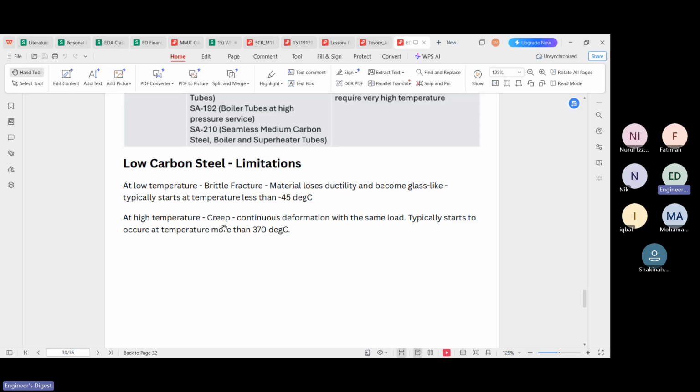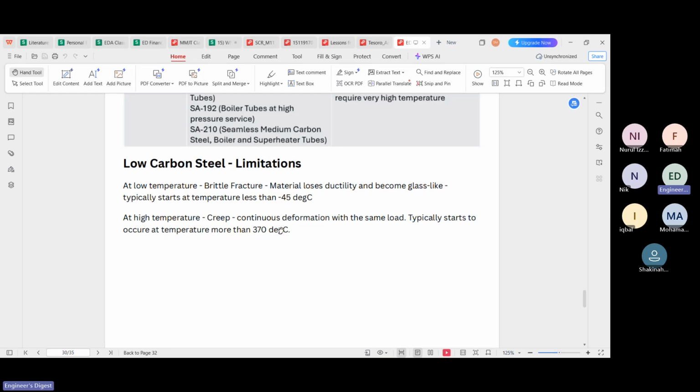So what happens with creep, when we have a very high temperature, the carbon steel across its grain borders tends to start to become porous along the border. It is time dependent. With, say, 10,000 cycles, or maybe I'll do a class on that. When the time reaches a year, 2 years, 3 years, along the border it will start to crack, even though the pressure still remains the same.